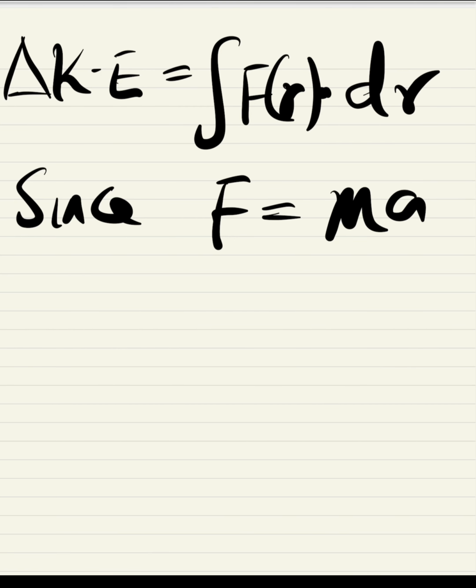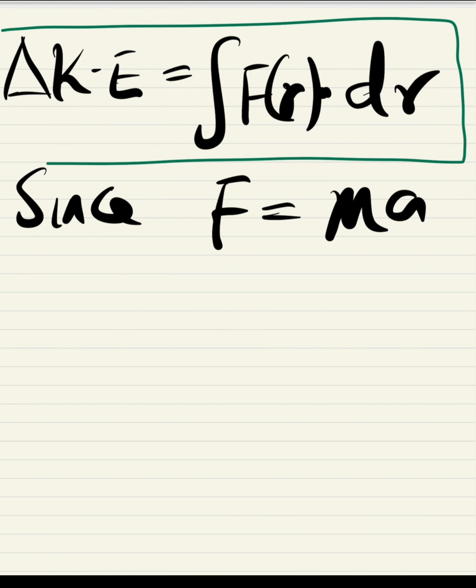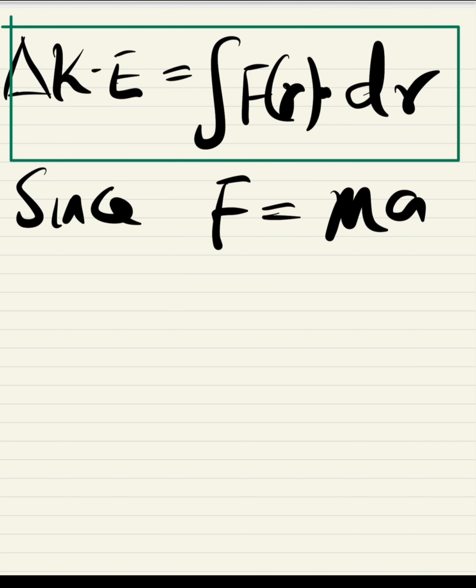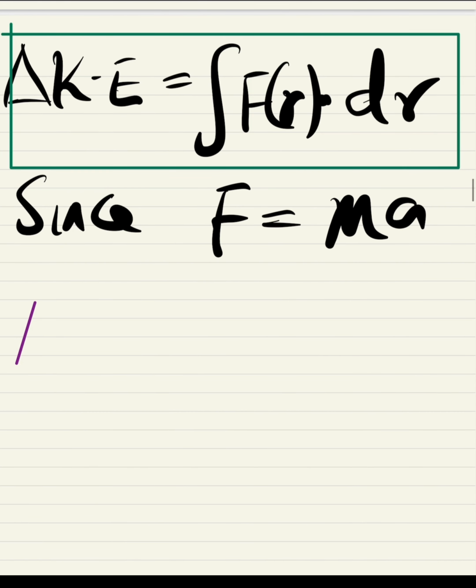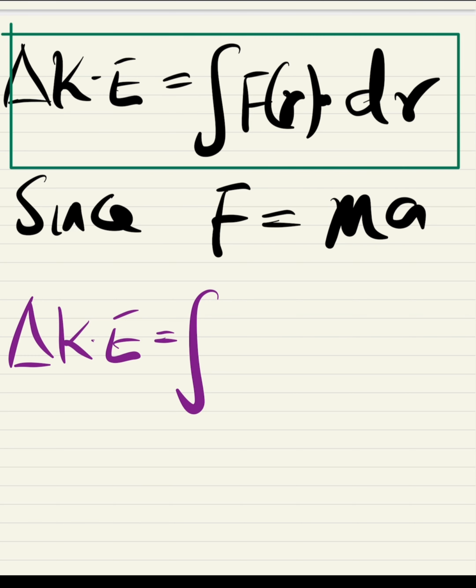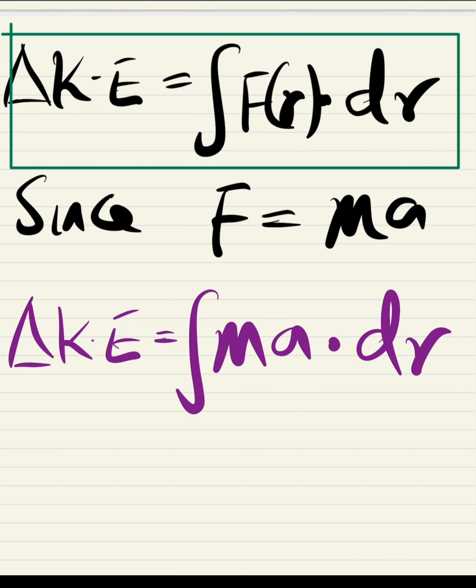This is how the formula should look like, right? So later on, if you substitute, you are going to have the change in KE to give us the integral of MA, right, multiplied by dr. Yeah, you see that I've just changed this to this.